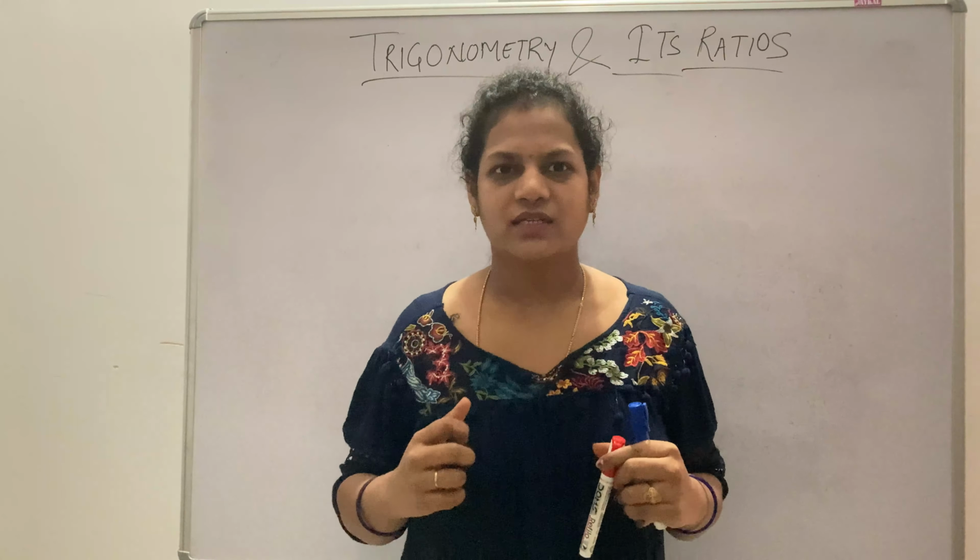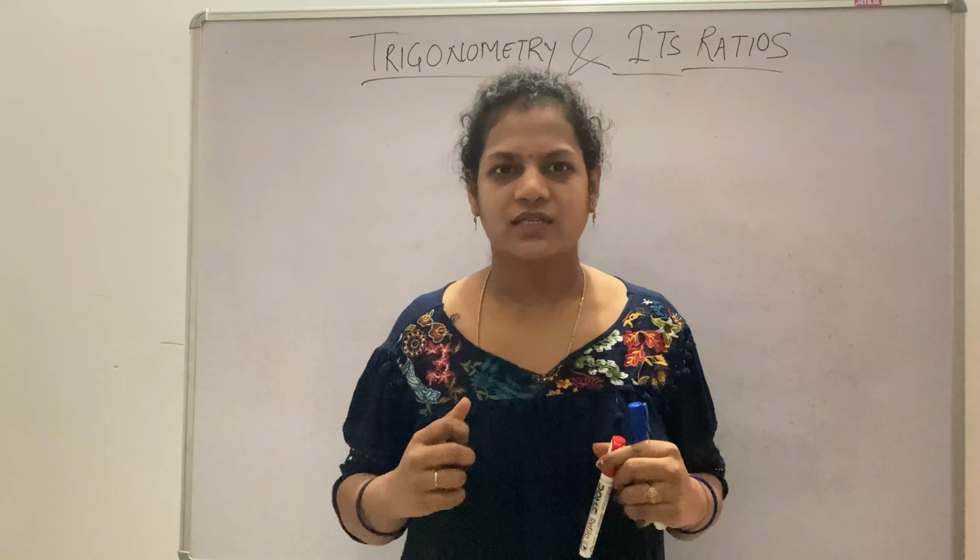First I will explain one thing in trigonometry: many times you read about the angle of elevation. Angle of elevation means suppose you are standing here and you are watching something. This horizontal line and this line going up, the angle between these two is your angle of elevation.